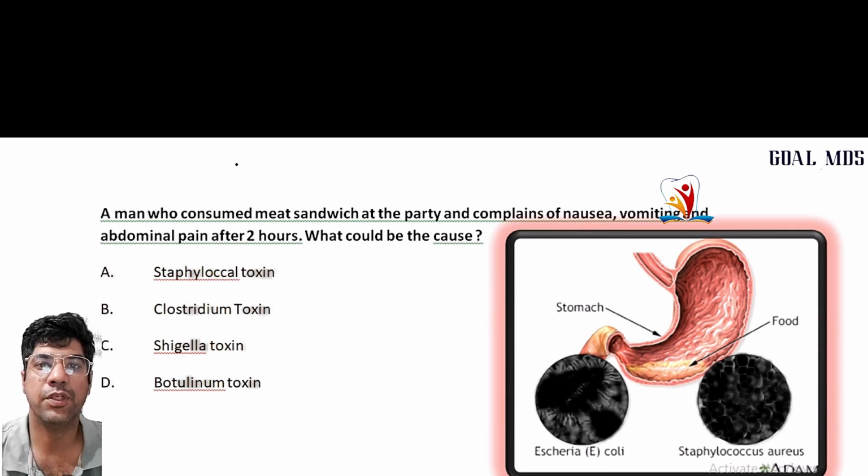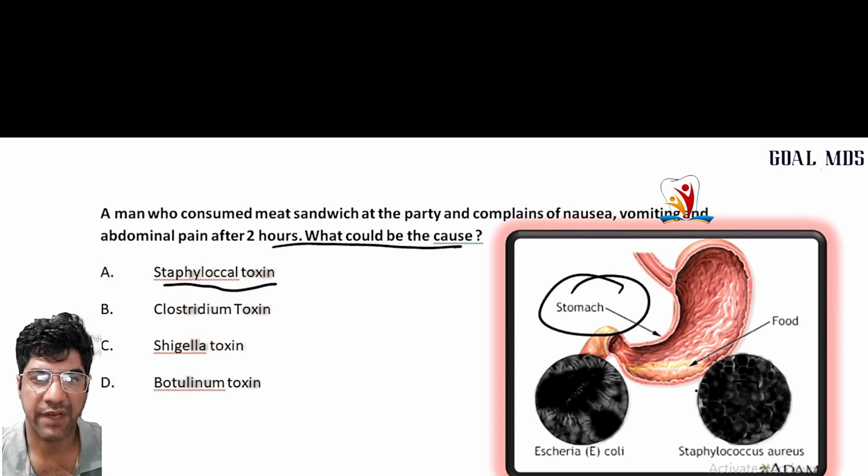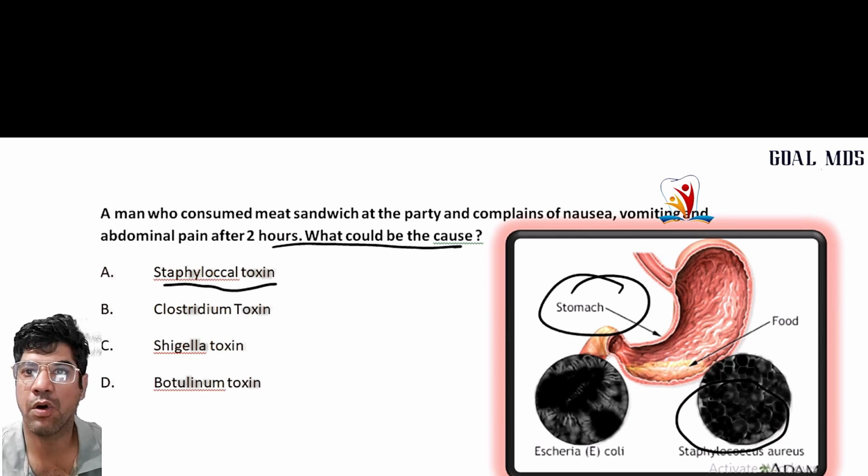A man who consumed a meat sandwich at a party complains of nausea, vomiting and abdominal pain after 2 hours. What could be the cause? The most common cause is staphylococcal toxin. Enterotoxin is the most common cause of food poisoning.